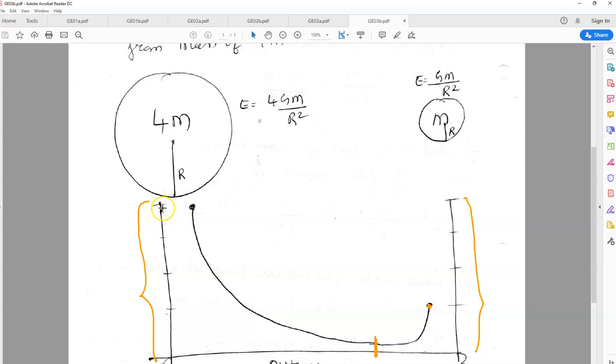Now I have just marked here 4 divisions, and this field starts from the 4th division, and comparing these two formulas, you know that the gravitational field for this mass is 1/4 of this. So that's the reason why I've started the gravitational field on the surface at this point. Obviously it goes with the 1 by x square and reaches 0 here.